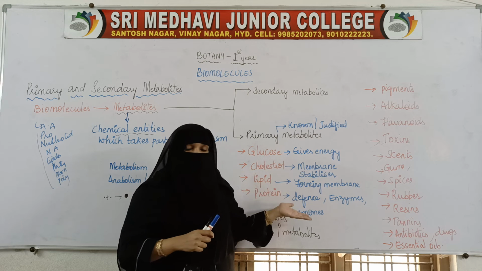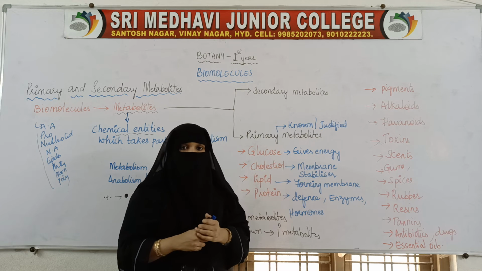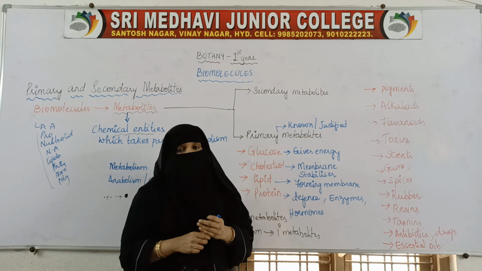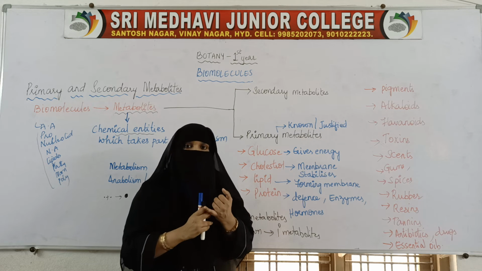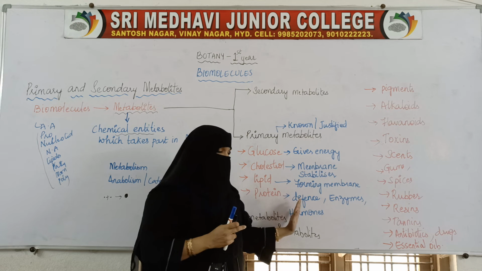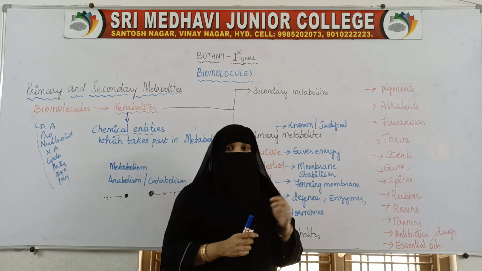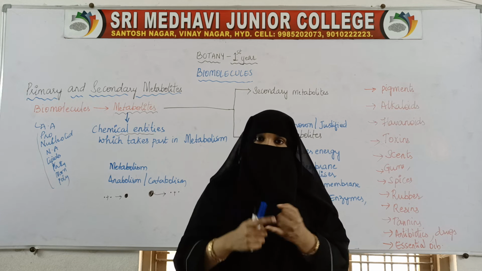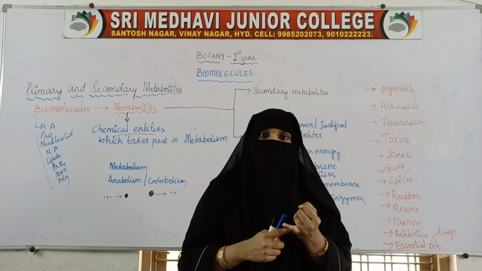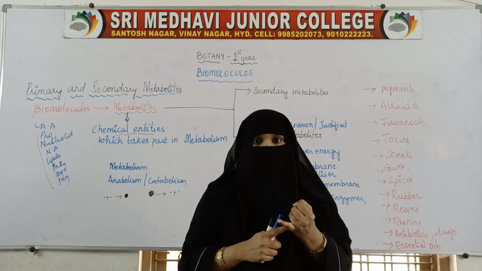These will be present in plants, animals and human beings. The metabolites whose role is known will be present in the bodies of plants as well as animals as well as human beings.